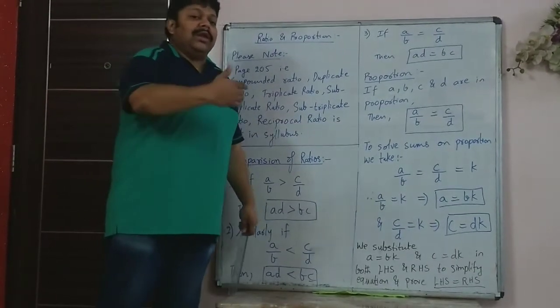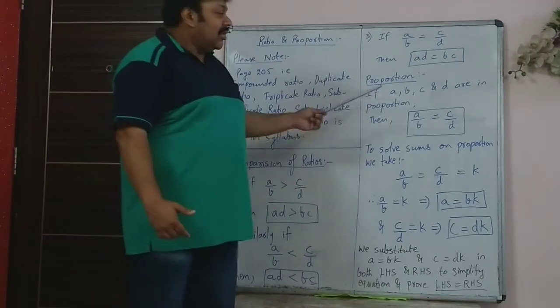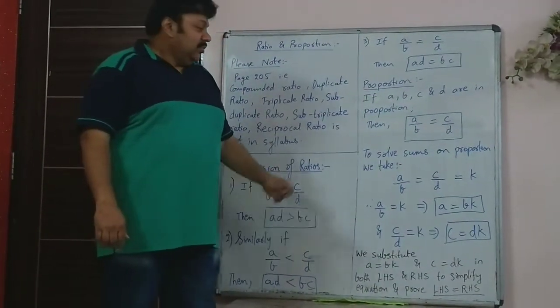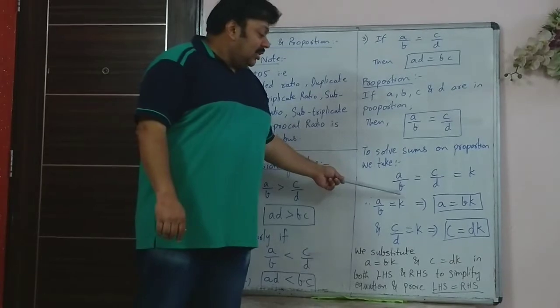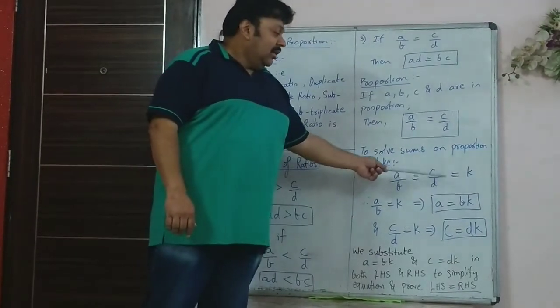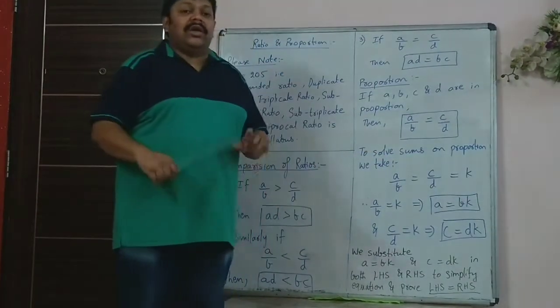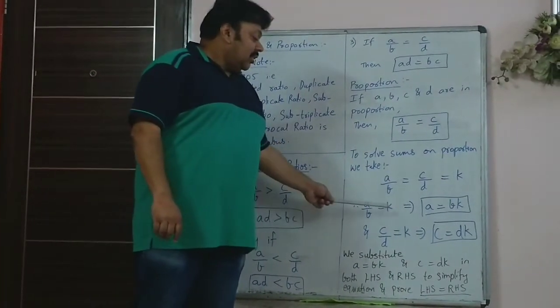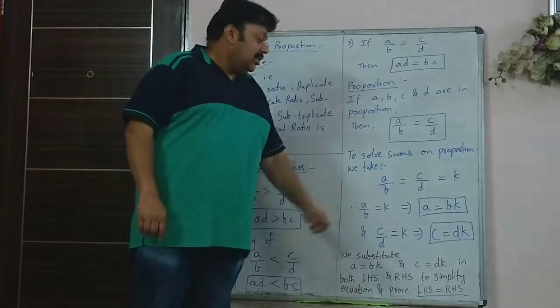So when you have to prove LHS equal to RHS, and if the sum says that A, B, C and D are in proportion, then you will have to write A by B is equal to C by D is equal to K. We take K as a constant term. So then we can take A by B is equal to K and write A is equal to BK.